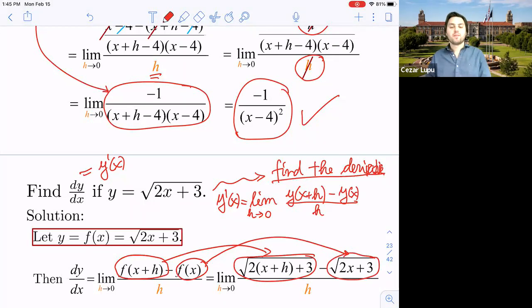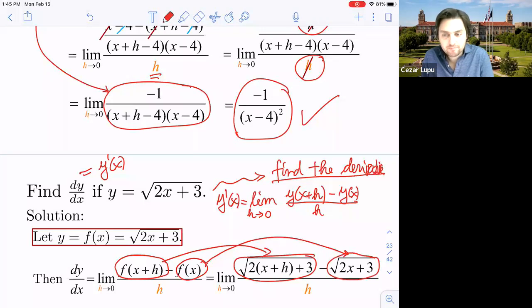All right. Now, before we wrap up, what can you tell me about the quantity at the top of the fraction? What can you tell me about that difference of square roots?